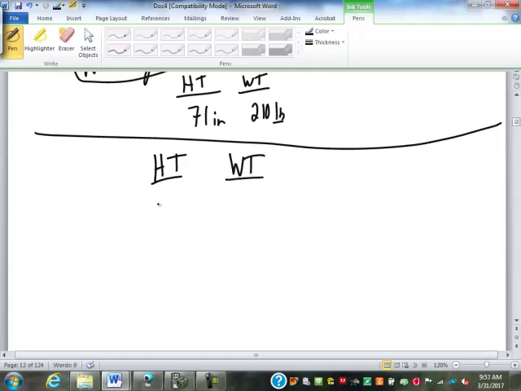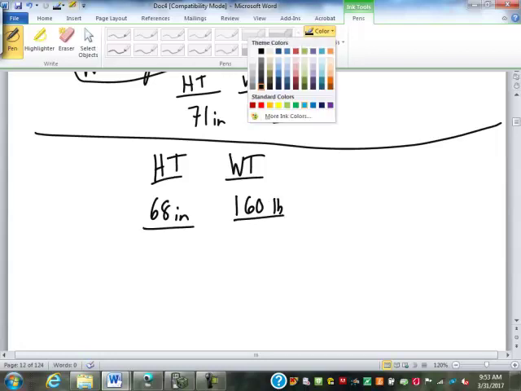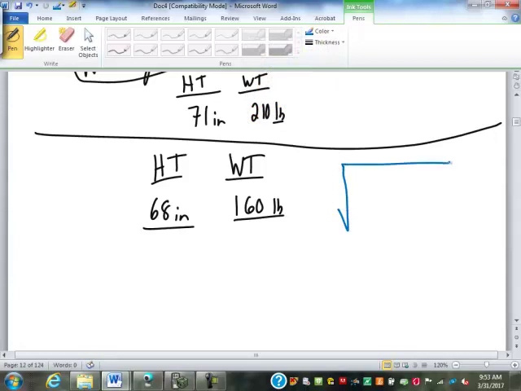So for height, let's say we're looking at 68 inches tall and 160 pounds. If I use the formula for this, these are in standard units, so it's going to be the square root of height times weight, so 68 times 160.